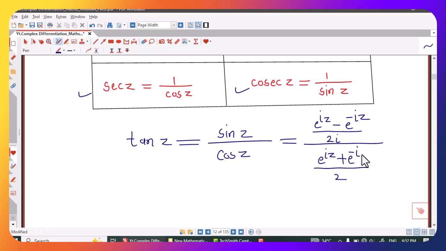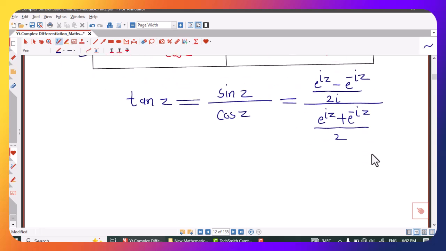Here I have e raised to minus iz, and this I can rewrite as, 2 will get cancelled, 1 upon i can be written as minus i.